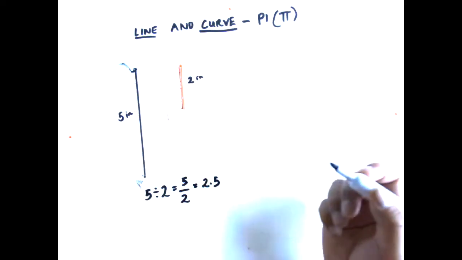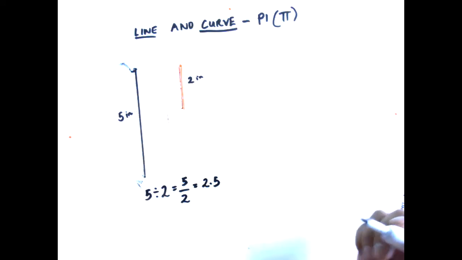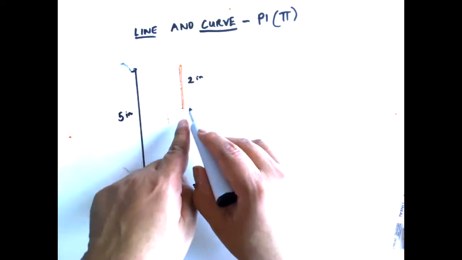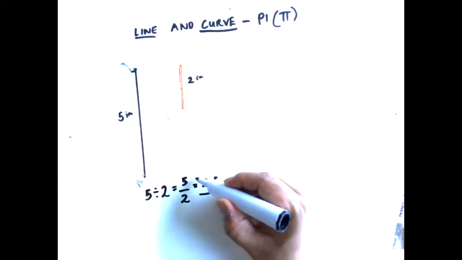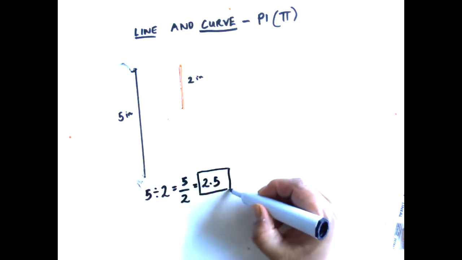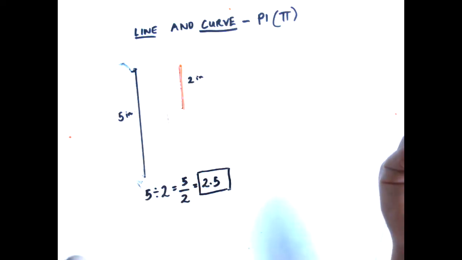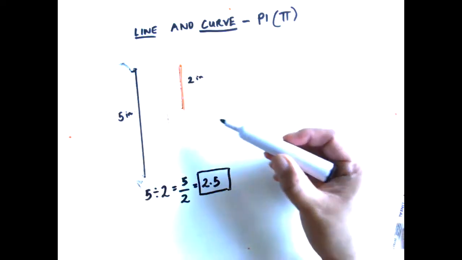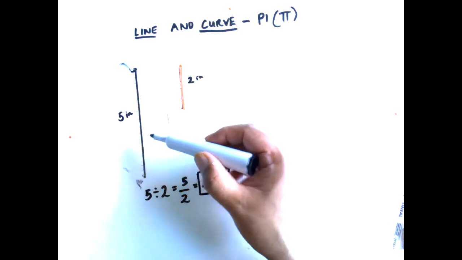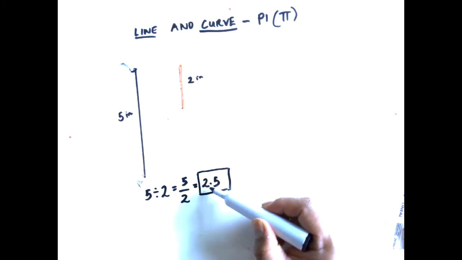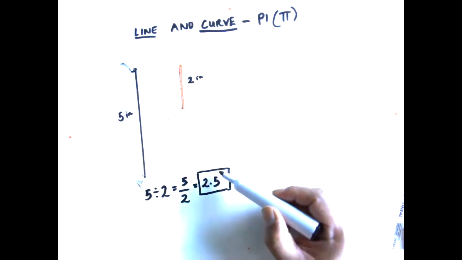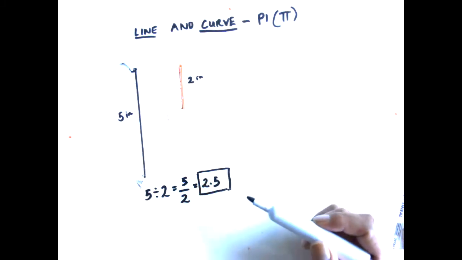If you get a calculator, your answer would be that. And so the relationship of the red line to the black line is summed up with this answer, 2.5. How many times the red goes into the black one is essentially called 2.5, and that number denotes that relationship.